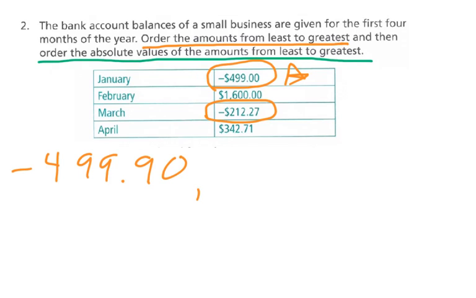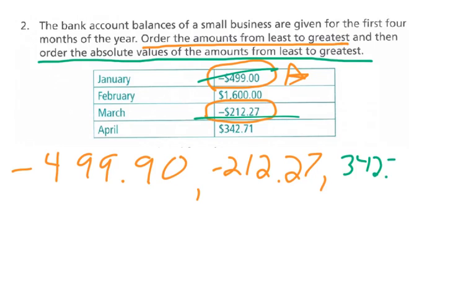You're in debt the most. So that means negative $2.12 and 27 cents is going to be next. And then we're just going to put the rest of these in order. So 342 is smaller than 1,600. So that is how we would put them in order from least to greatest without the absolute value.